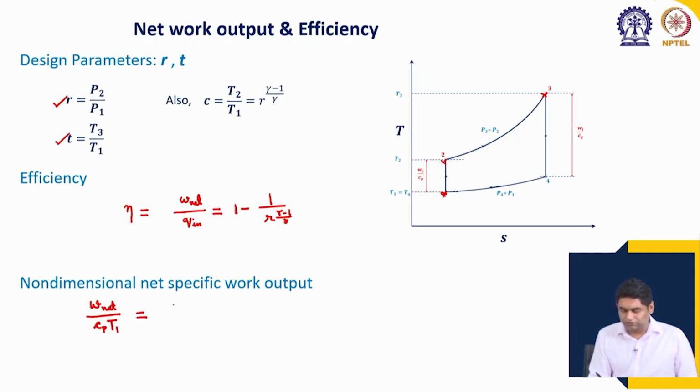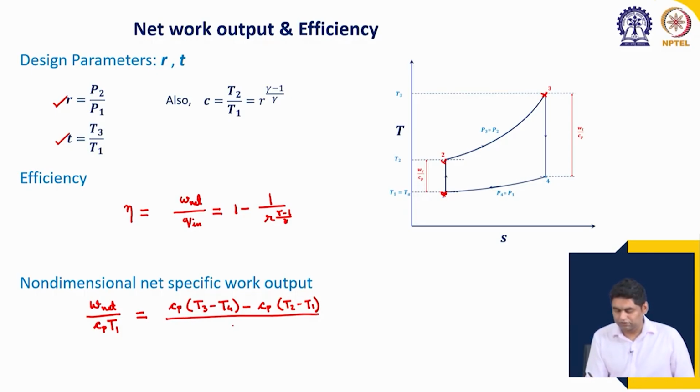So, this was equal to Cp (T3 minus T4), the turbine work output, minus Cp (T2 minus T1), the compressor work input, divided by Cp T1.